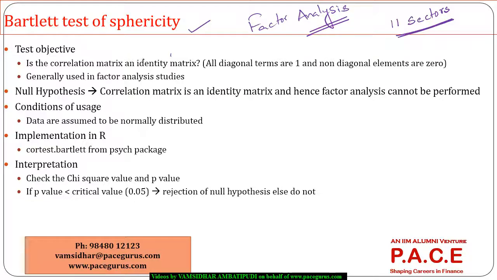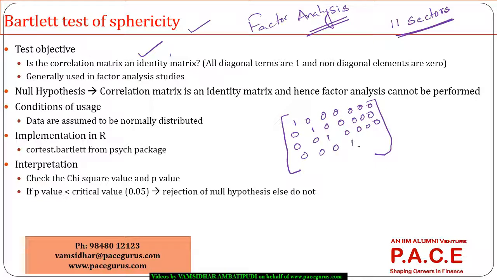And finally, this is saying, is the correlation matrix an identity matrix? So what is an identity matrix? I have something like this. All are zeros, only the diagonal is 1. It's a square matrix. This kind of matrix is what we call an identity matrix.